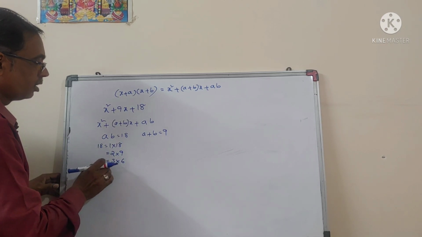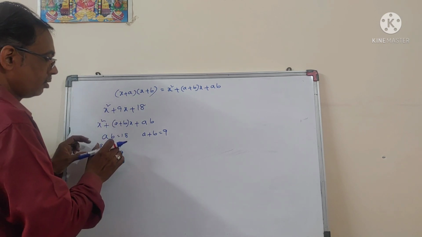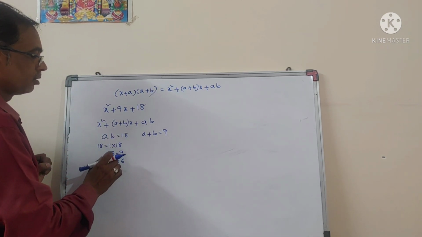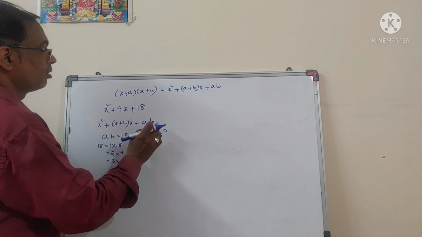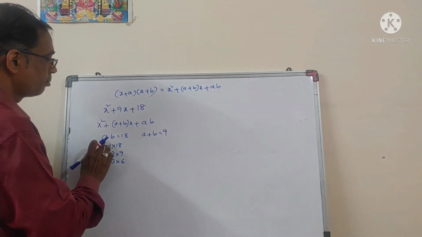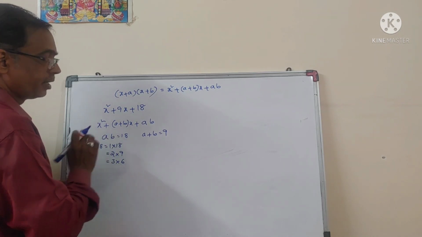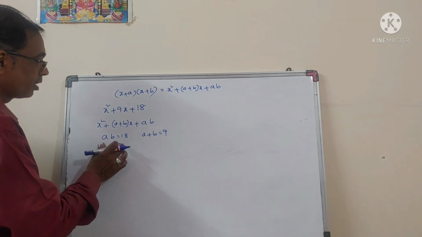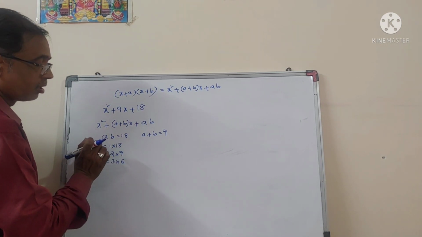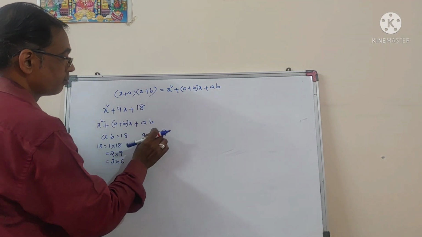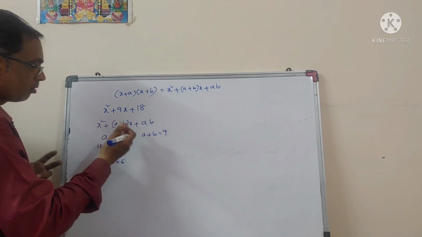So by selecting a pair of factors whose sum is equal to 9. Why? Because we have here ab is equal to 18, a plus b is equal to 9. Now we have to select a pair of factors which satisfies a plus b is equal to 9. Now let us try.